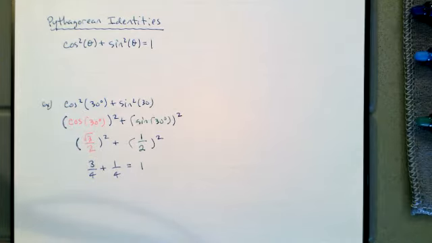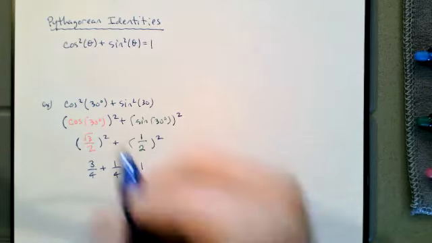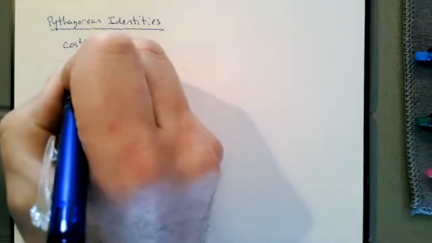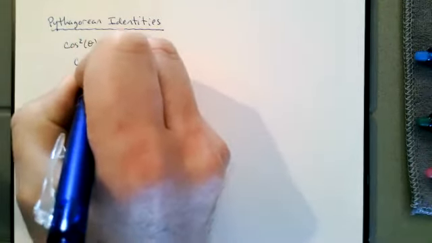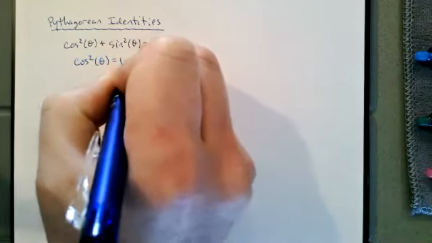Any questions? So here's one Pythagorean identity we should recognize, but we should be able to see it in two different forms. This says we can replace cosine squared plus sine squared with 1. But I can also subtract a sine squared from both sides and find out that cosine squared is 1 minus sine squared.